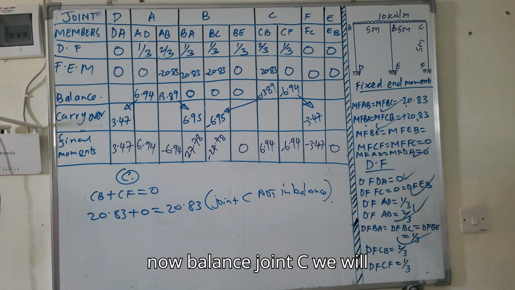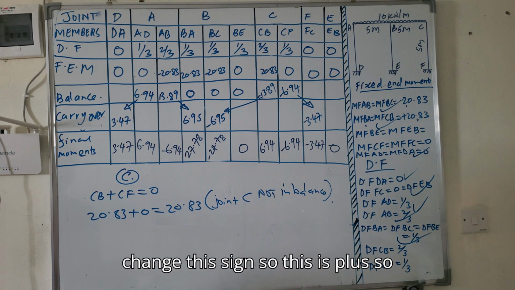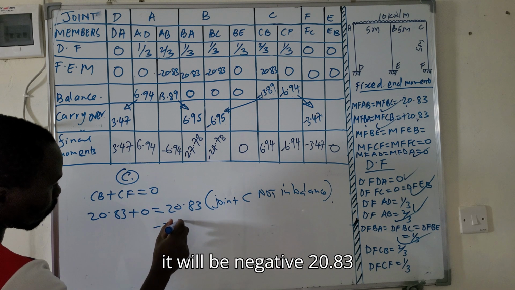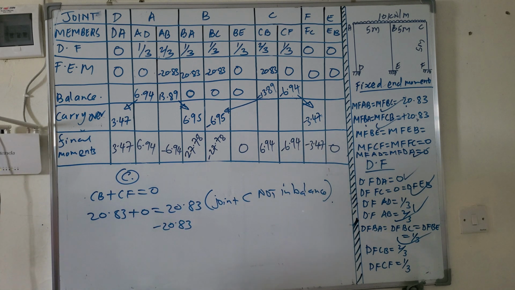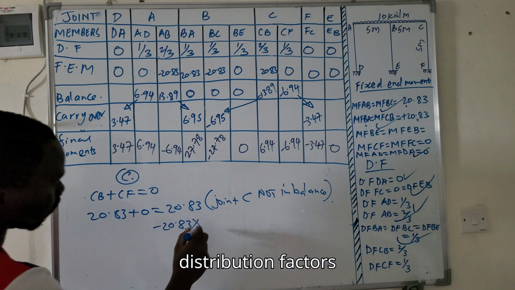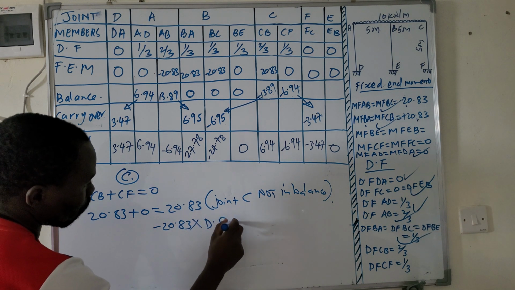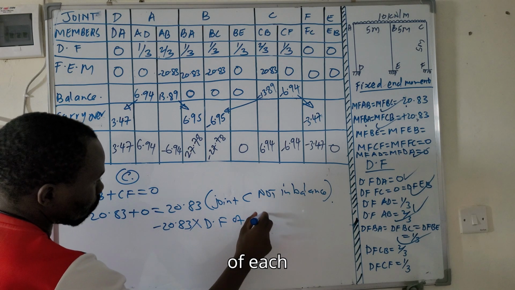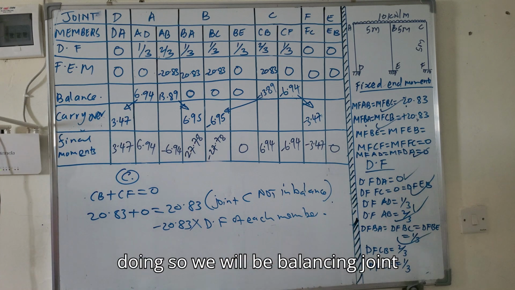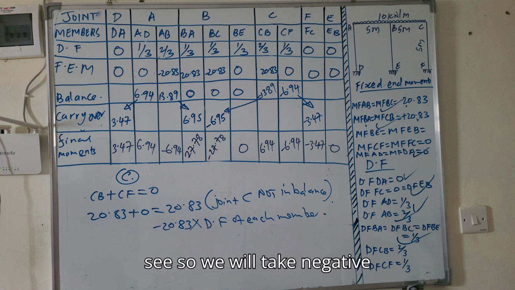Now balance joint C. You will change this sign. So this is plus, so it will be negative 20.83. Multiply it by the distribution factors of each member. By doing so, we will be balancing joint C.